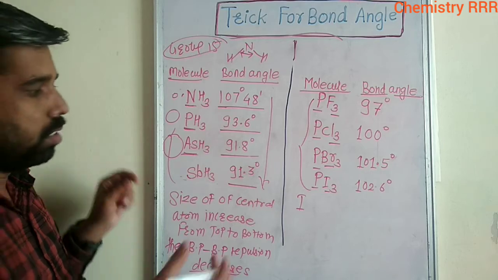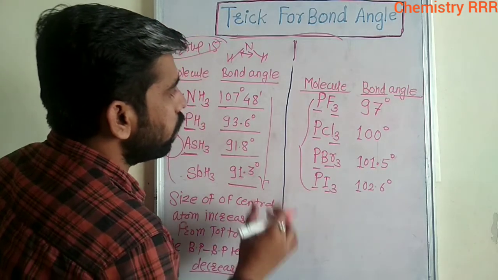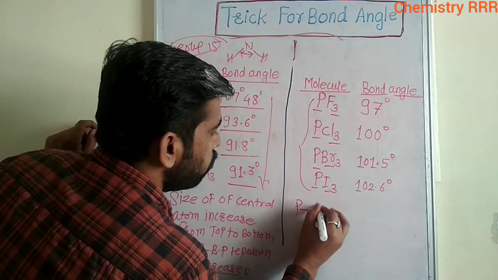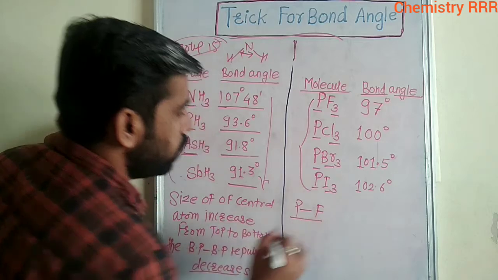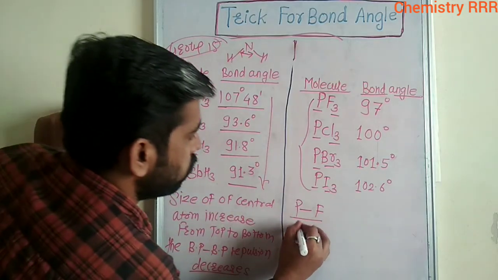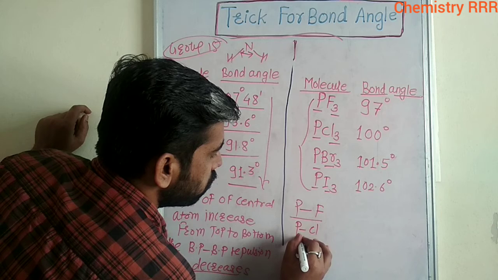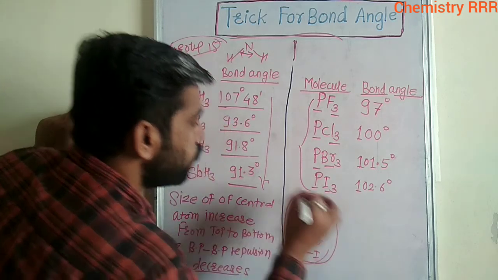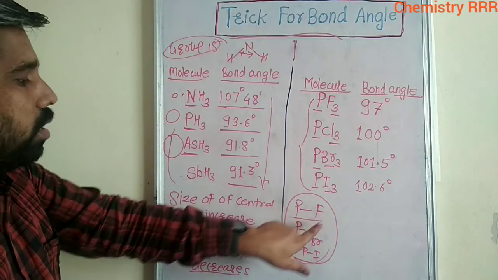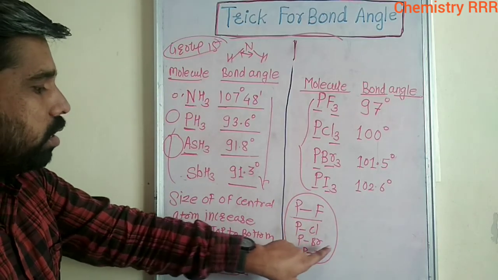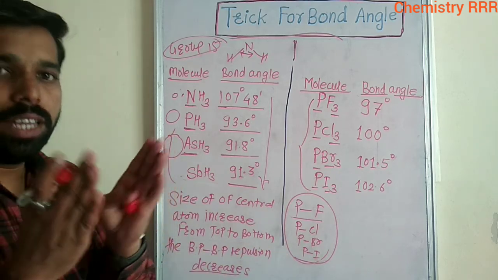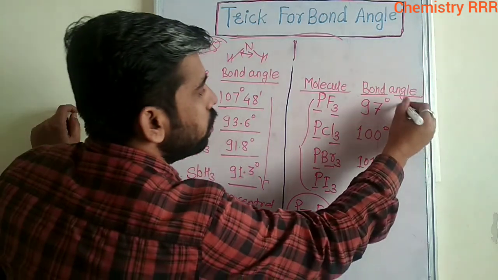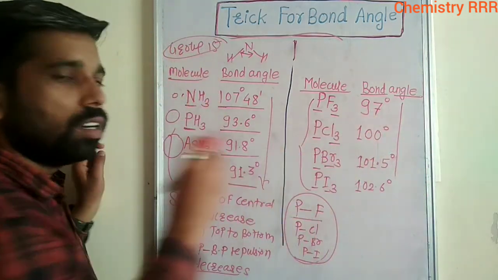And another reason is the electronegativity difference: between phosphorus and chlorine, phosphorus and bromine, and phosphorus and iodine, it goes on decreasing from top to bottom. So there is an increase in bond angle from top to bottom.